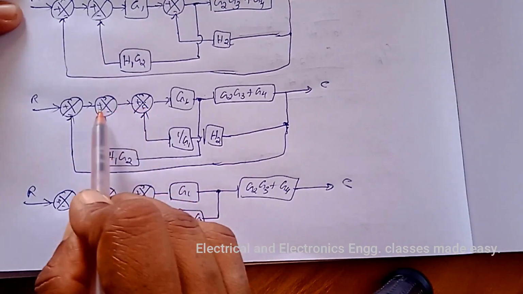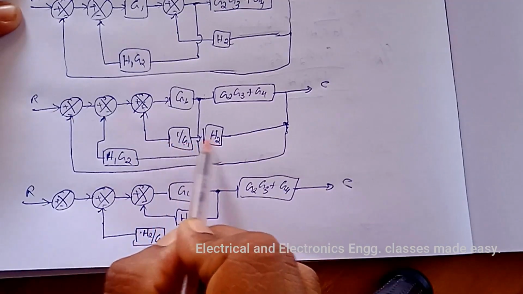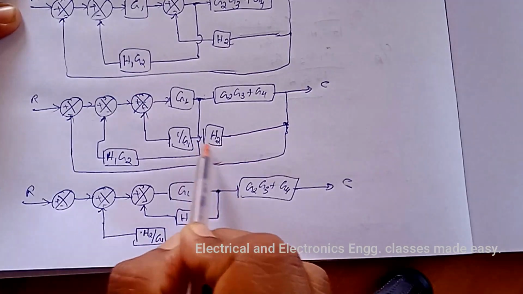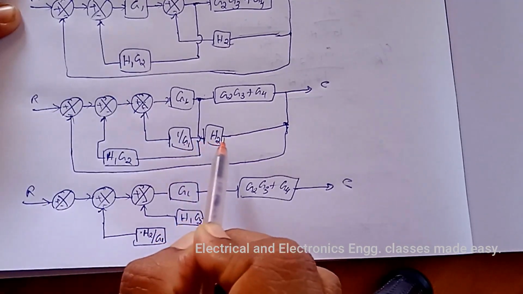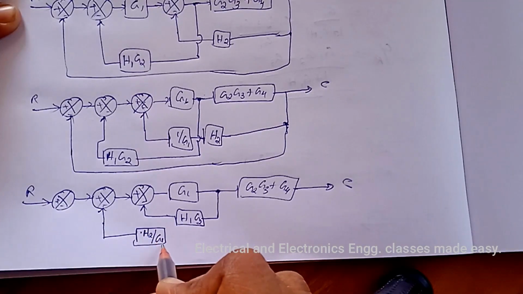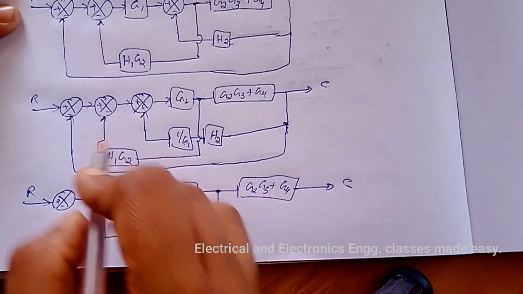So this summing point is here and the blocks connected to this summing point are 1 by G1 and H2, and these two are in cascaded form, so we can combine, that is multiply, H2 divided by G1, and this summing point is now here.